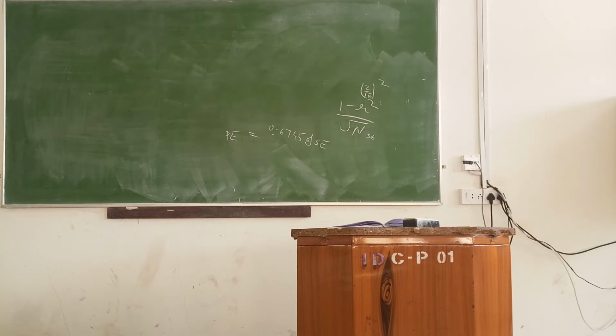1 minus r square: r square is 4 by 10, root 10 into root 10 is 10, divided by root 36, which is 6. So 1 minus 4 by 10 is 1 minus 0.4.